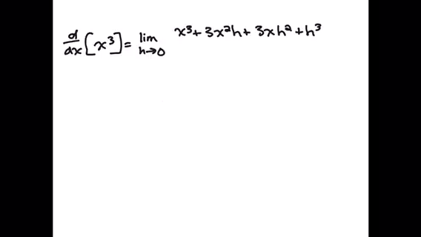All right, let's try the derivative of x cubed. If I put an x plus h in here and I multiply it out, I get x cubed plus 3x squared h plus 3x h squared plus h cubed. Then we want to subtract the original function, which is x cubed, all over h. X cubed minus x cubed goes to 0.